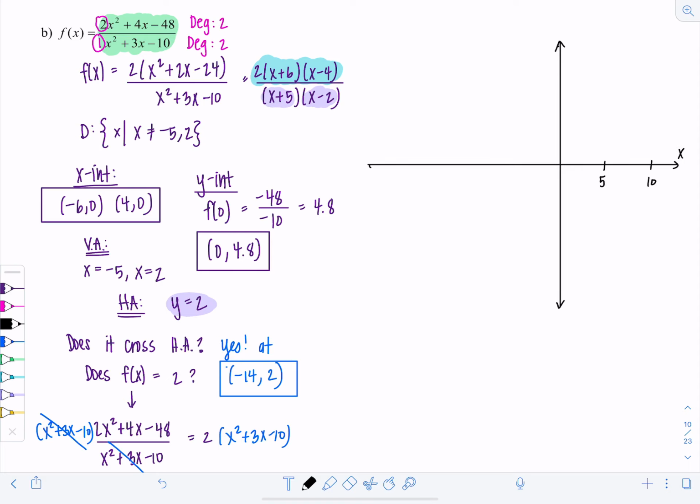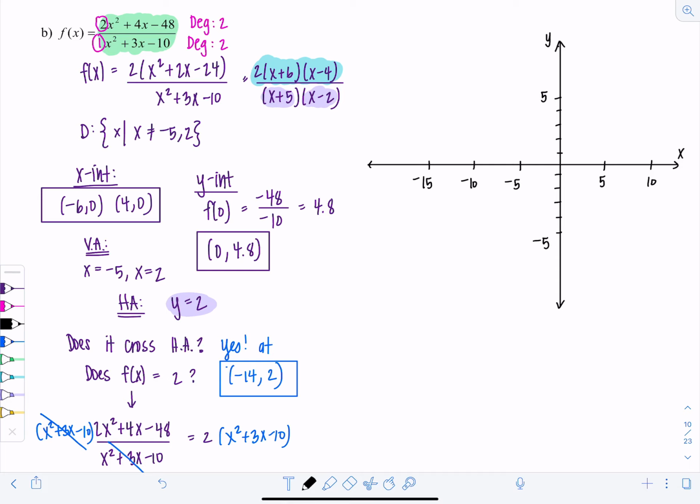Label your axes, x, y, negative 5, negative 10, negative 15. You see that? 1, 2, 3, 4, 5. You need not scale both of them by 5. Okay, as long as you're labeling, you can do what you want.